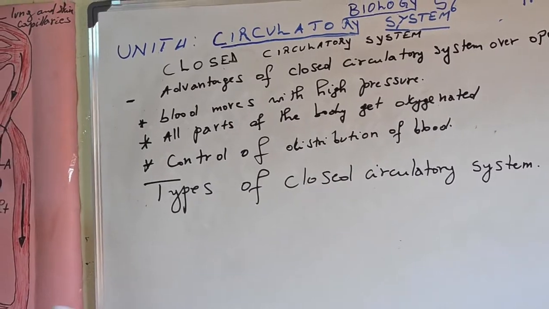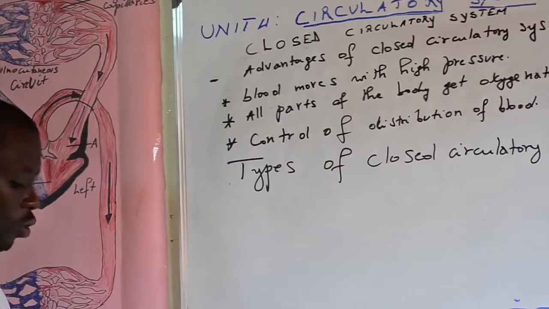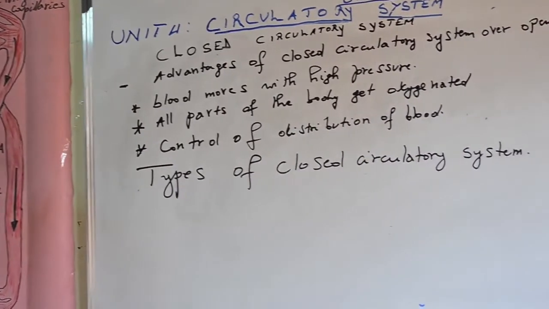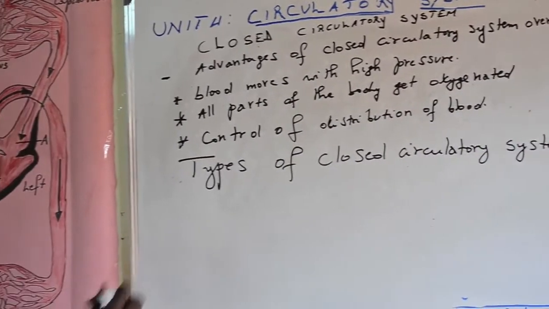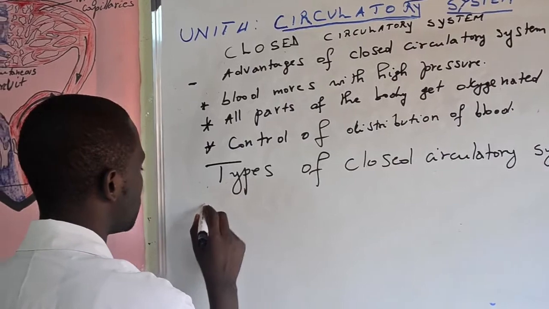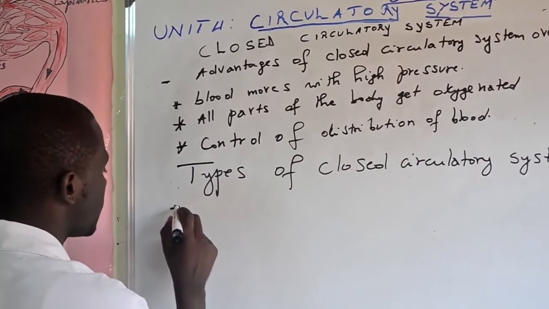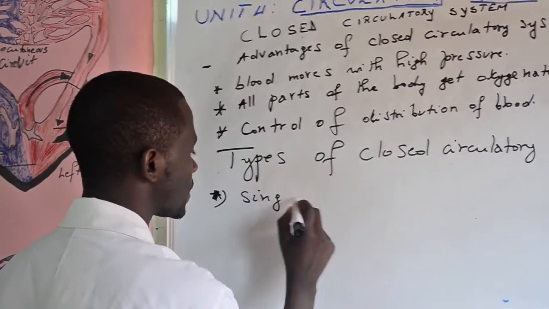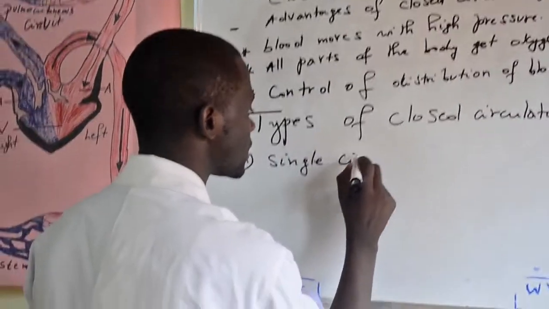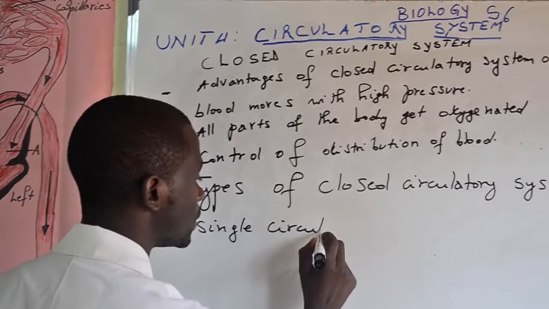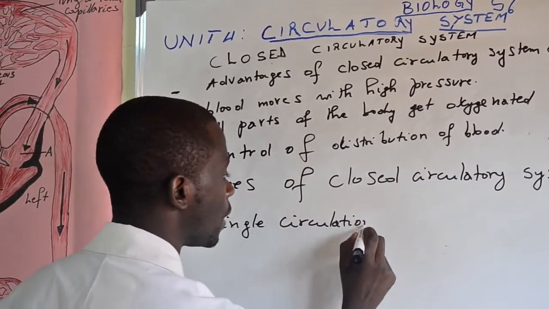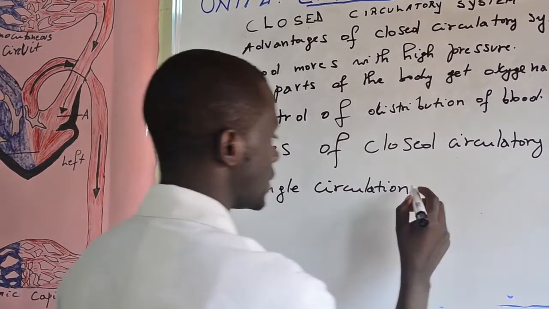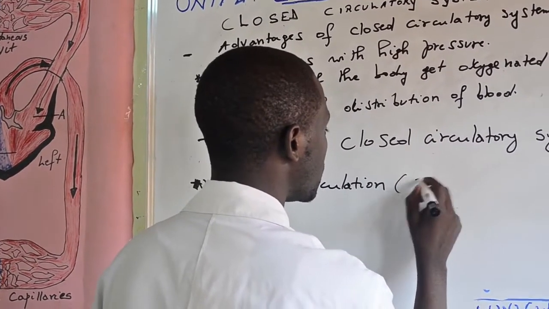We have different types of closed circulatory system. The first one is single circulation. This one is mainly found in fishes.